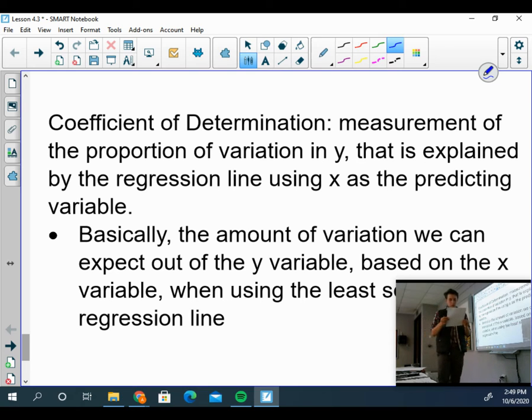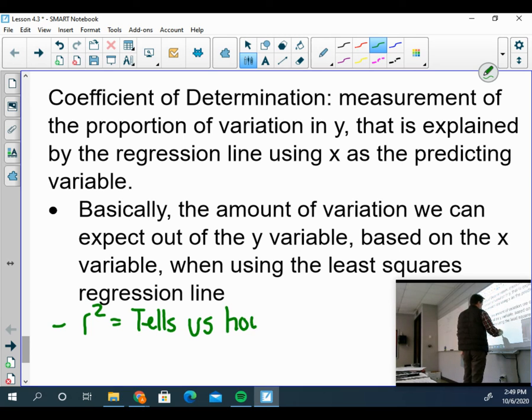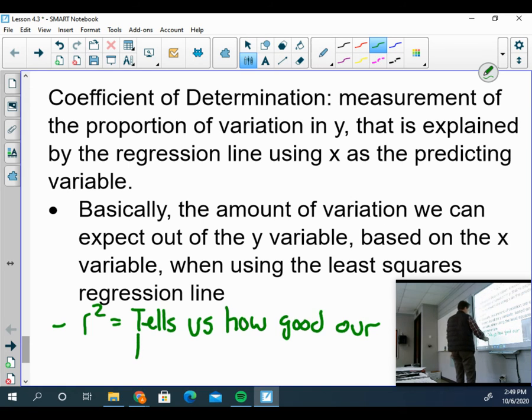I'll write it in green, the really simplified version. The coefficient of determination, which is R squared, by the way. Your correlation coefficient is R. Your coefficient of determination is R squared. R squared tells us how good our trend line is at predicting data.